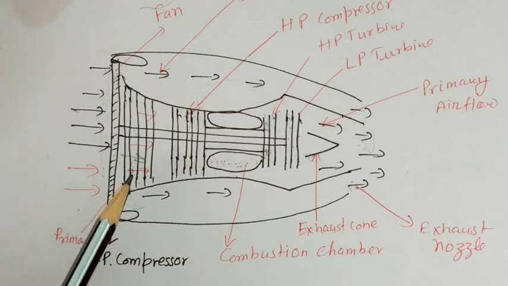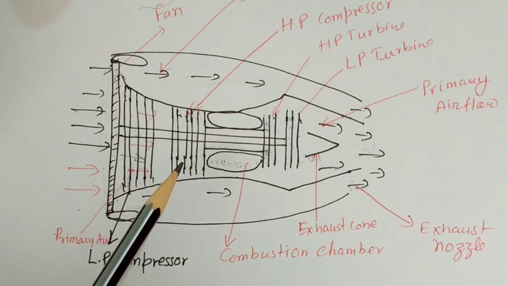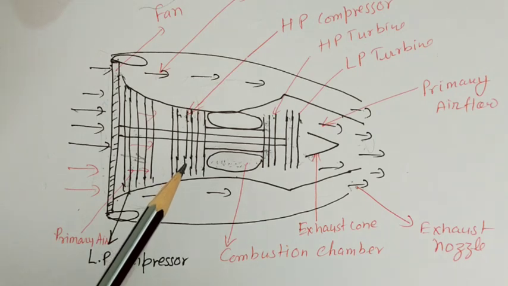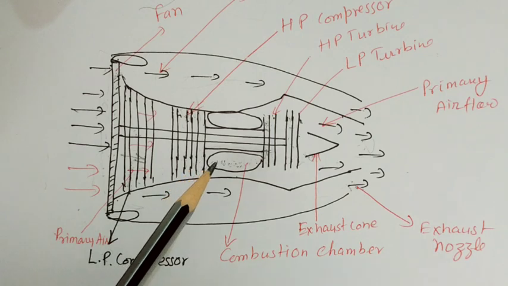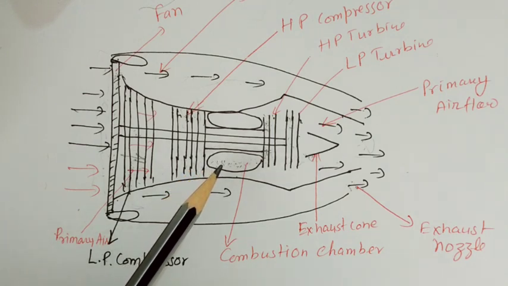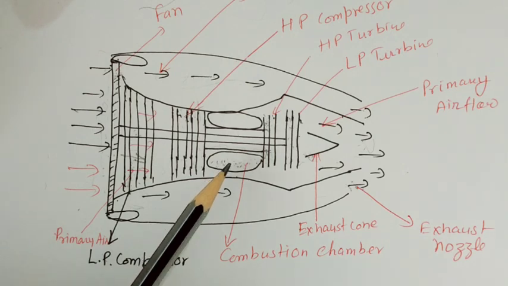This LP compressor compresses the air, then it goes to the high pressure compressor. Here air is highly compressed and this air goes to the combustion chamber. Here fuel is added and ignition is provided. The air-fuel mixture starts burning and high pressure and temperature are generated.